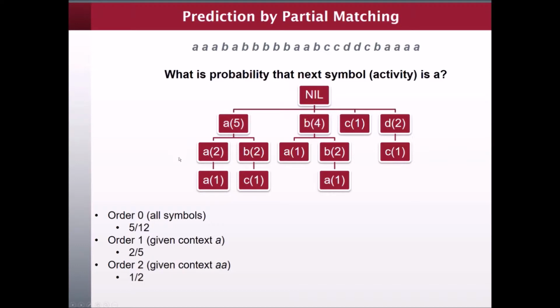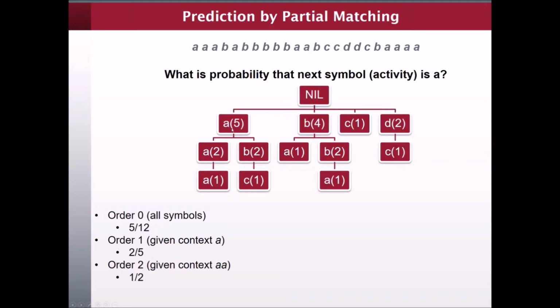Now when we look at phrases of length 2, we have to consider the fact that given this input sequence, we're trying to determine the probability that the next symbol is A. So for a phrase of length 2, we have to consider the context, which would mean we're not just looking for a symbol of A, but we're looking for a symbol of A given that the previous symbol was also A. So what's the probability that a phrase of length 2 would be AA?